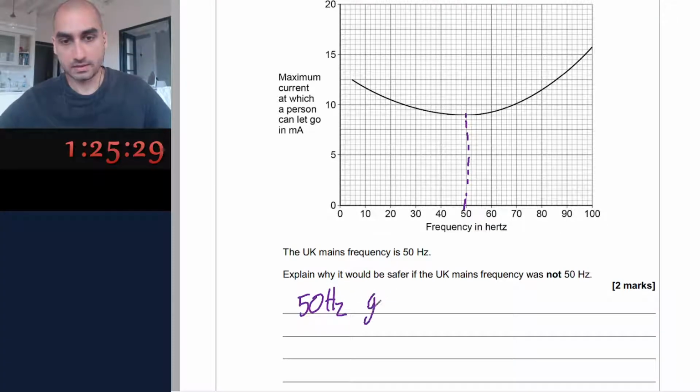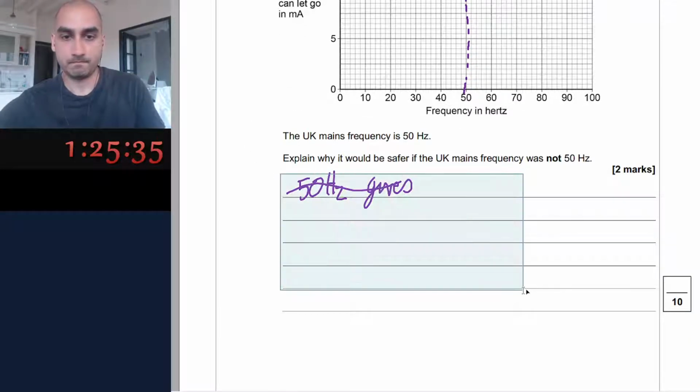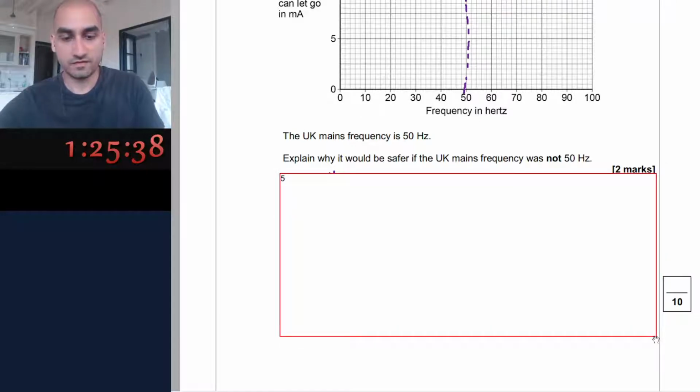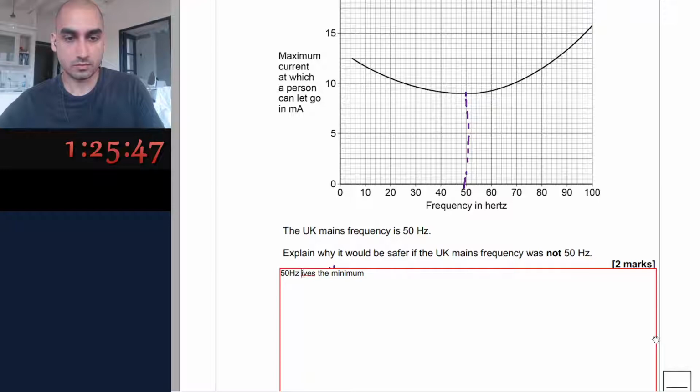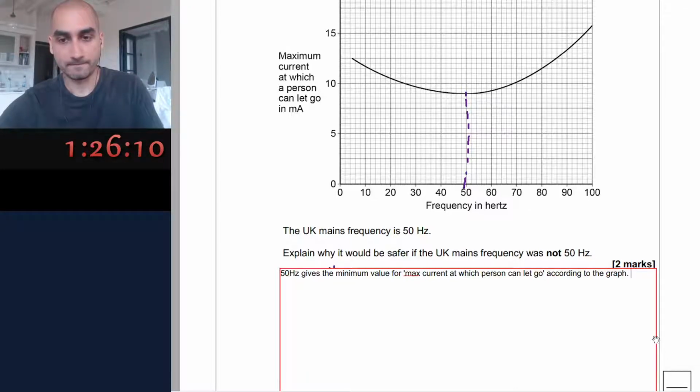50 Hertz gives the minimum value for the max current at which a person can let go, according to the graph.